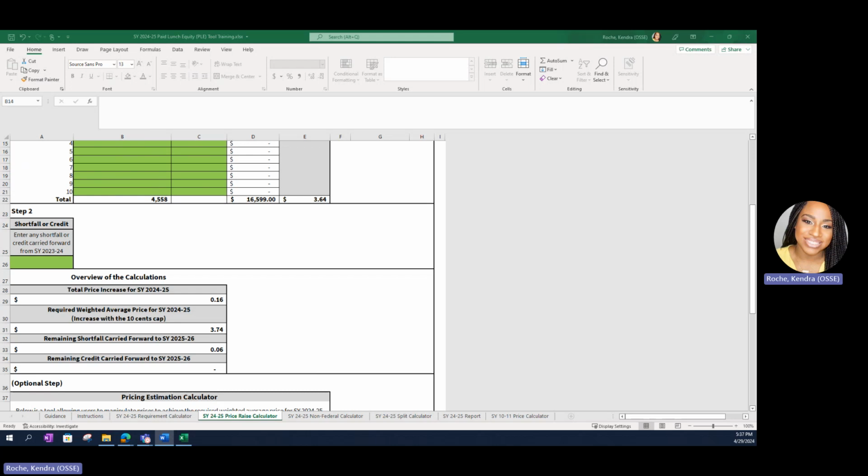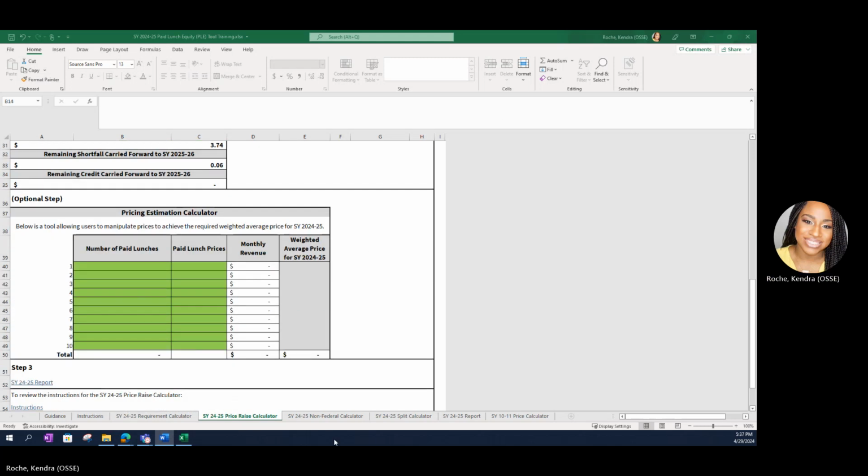If the SFA chose to raise prices above the amount listed in the first box, a credit would instead be carried forward to the next school year and be listed in the fourth box. Staying on the same tab, scroll down to the optional step, which is the pricing estimation calculator.